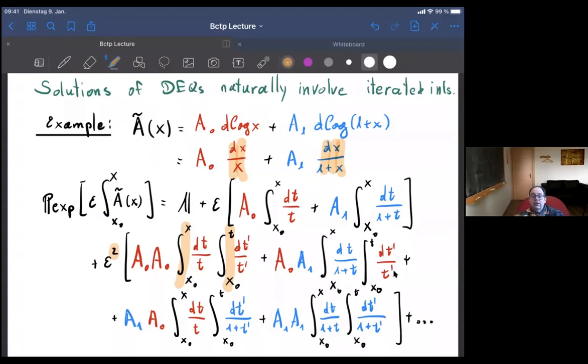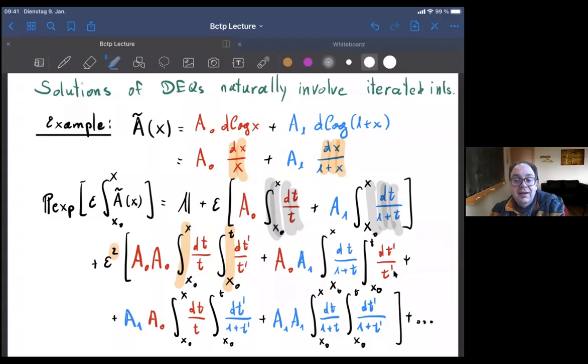Now for the box, I just did it with Mathematica. I told Mathematica to integrate, and it did the integrals all automatically. Like here, it gave me a log. At order epsilon squared, it gave me a dilogarithm, and at order epsilon cubed, it gave me this Li3 function in addition. But it will not always be as easy.